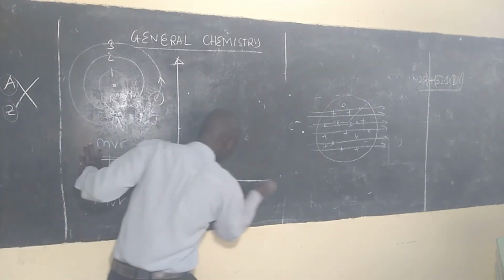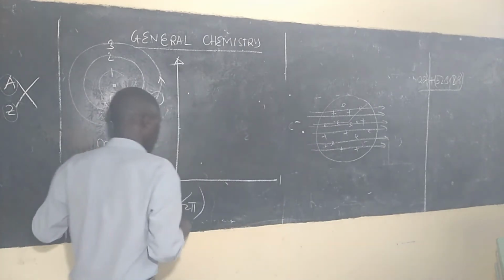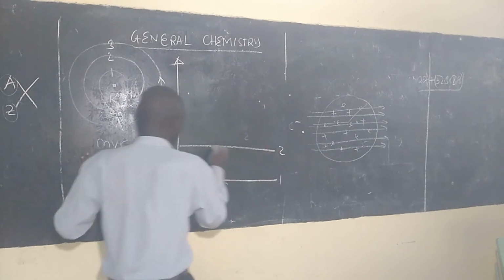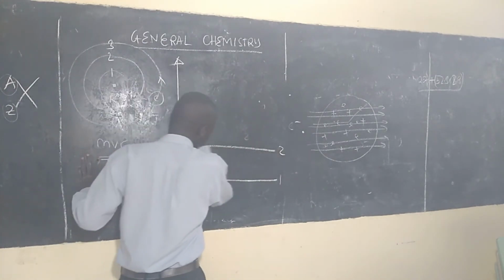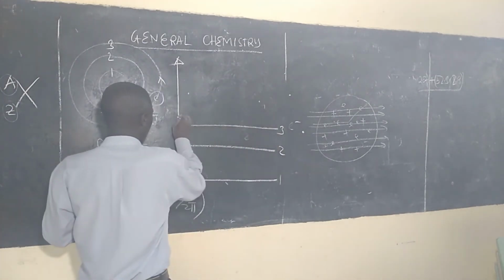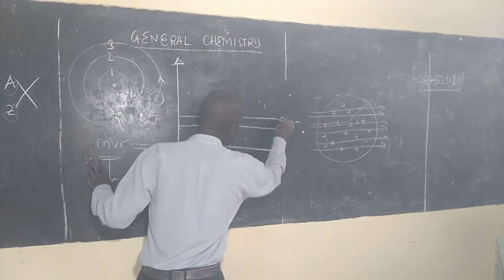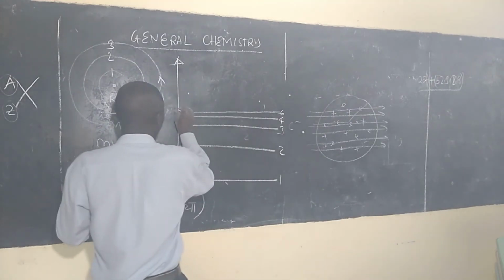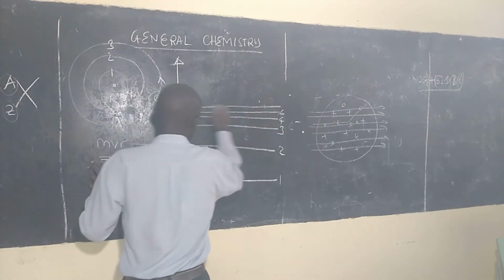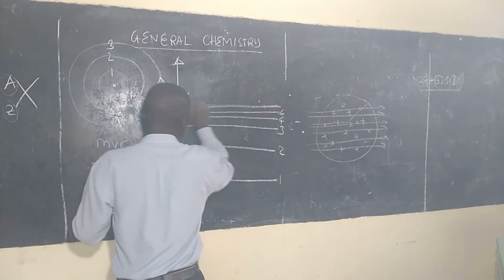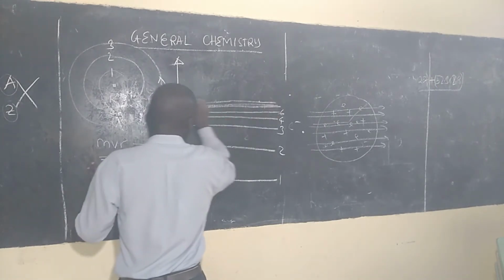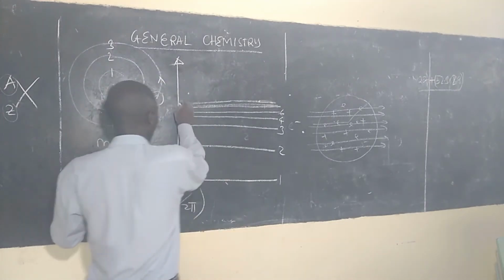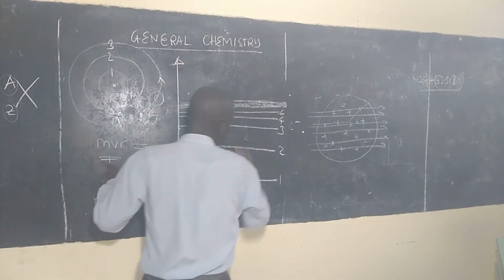So here we have the first energy level n is equal to 1, the second energy level n is equal to 2, the third energy level n is equal to 3, the fourth energy level n is equal to 4, then the sixth energy level n is equal to 6, and then the seventh, and further ahead leads to what we call the convergence limit. So up here, later, there will be something we call the convergence limit.